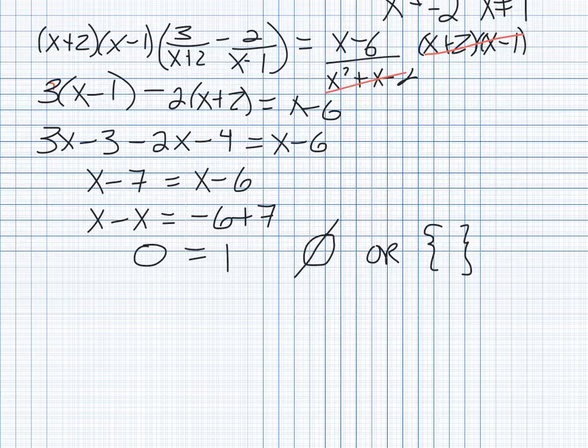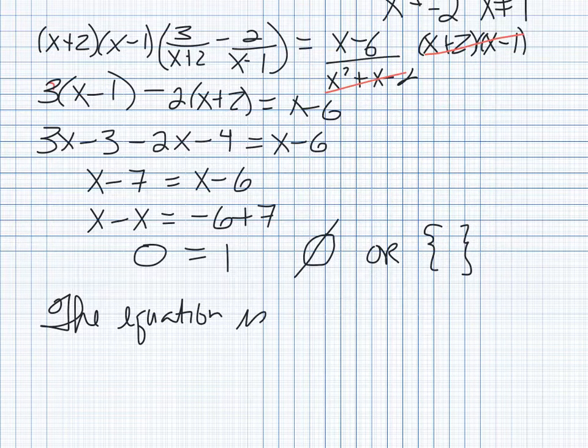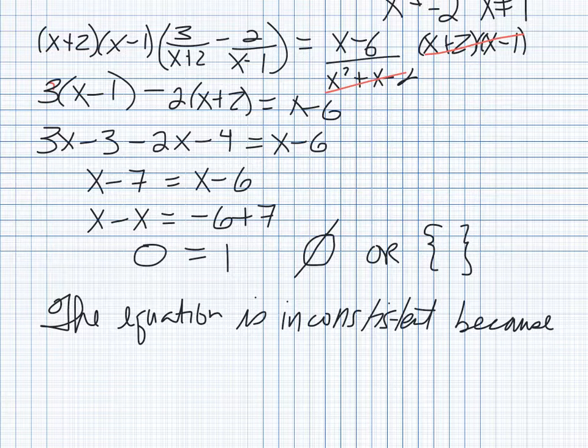So we would want to write a sentence something along the lines of: the equation is inconsistent because it has no solutions.